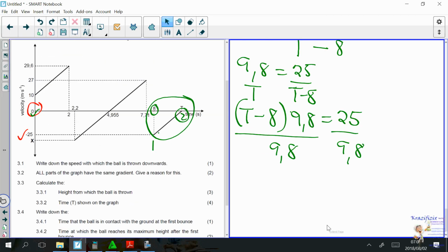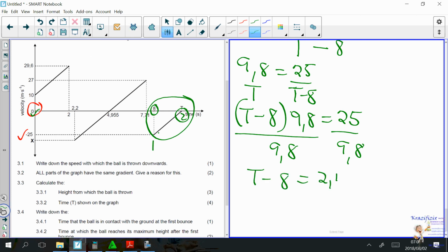So t minus 8 equals 2,55. What is t? We bring that over. 2,55 plus 8, and that gives us 10,55. Look at so many options in getting our correct answer.